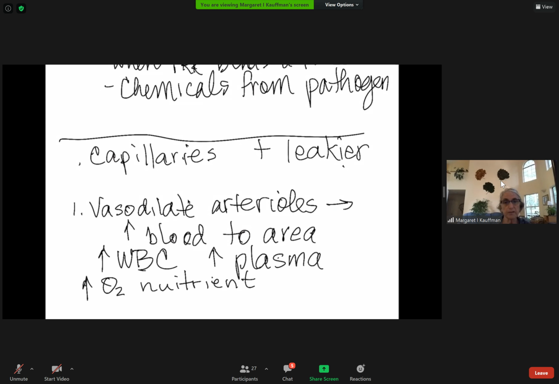Now, the white blood cells in the plasma can't leave unless the capillaries start to get leakier. That's especially true if it's a continuous capillary, which most of your capillaries are, right? So they have lots of tight junctions. So to get leakier, you have to decrease the tight junctions.